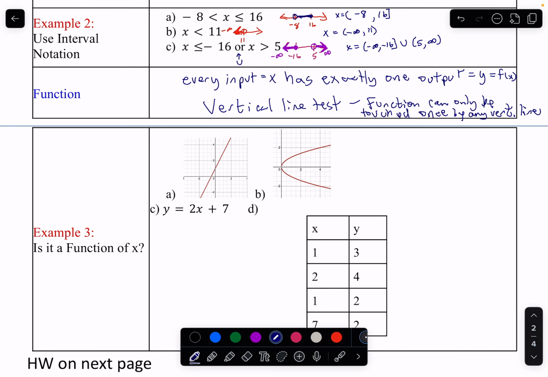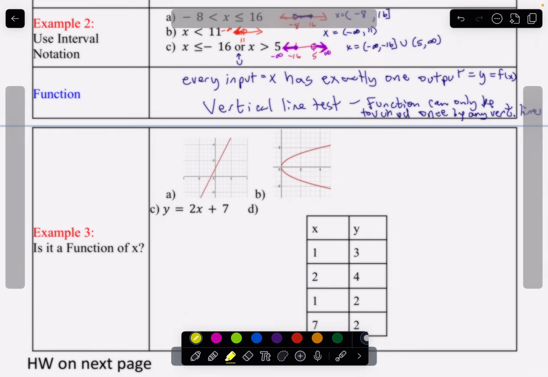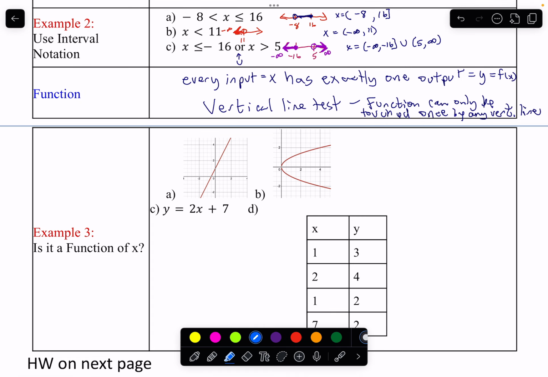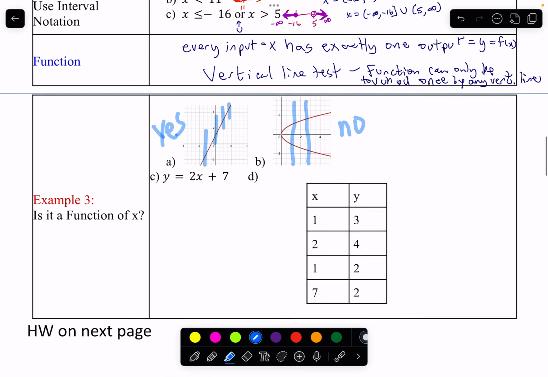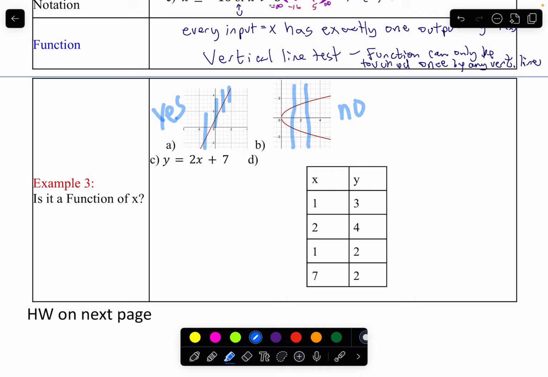So every input just gets one output, okay? If we look at our first one here, the vertical lines only touch it once. So yes, that's a function. Here we can find many vertical lines that hit it twice, so that's a no. Now if you know C is a linear function, it has the name right in it, but if you drew it, we would start up here at 7, go up to over 2, and it's looking something like that.